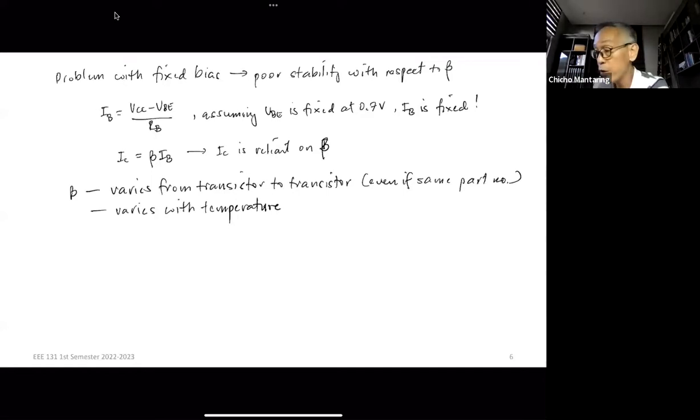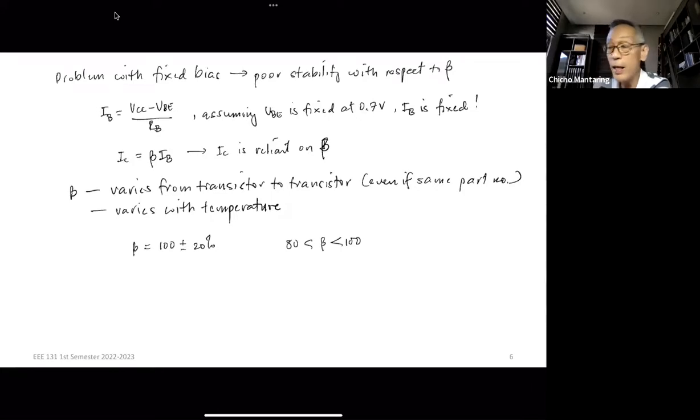I'll give an example. Let's say a 2N2222 transistor, whose beta is 100 plus or minus 20%. Meaning beta can be anywhere from 80 to about 120.